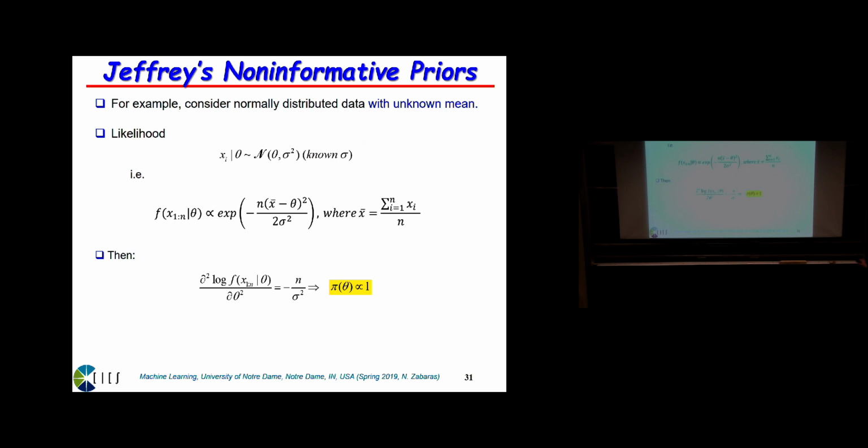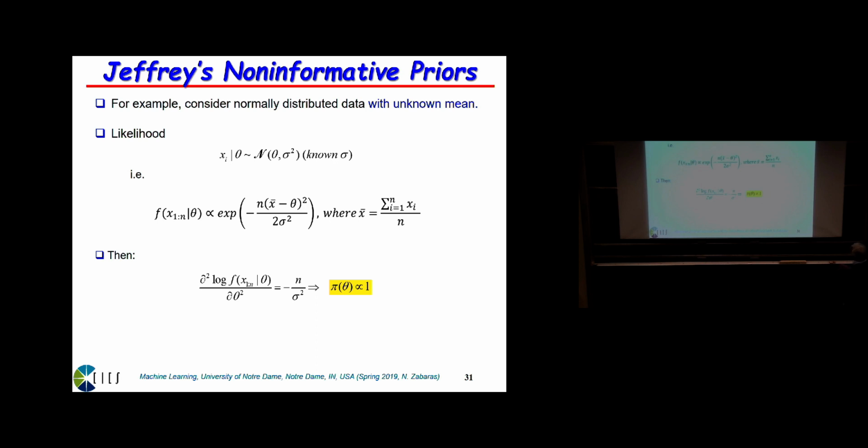A few simple examples. If you have data from a Gaussian and your unknown parameter is the mean theta, the likelihood looks like this. I suppose you have seen this for the Gaussian, I have this all over in the notes. x bar is the sample mean, so the likelihood can be written in a compact form like that. This is your sufficient statistic.